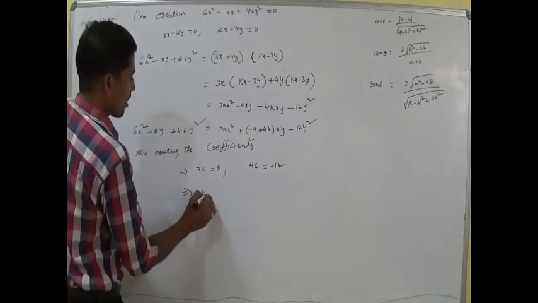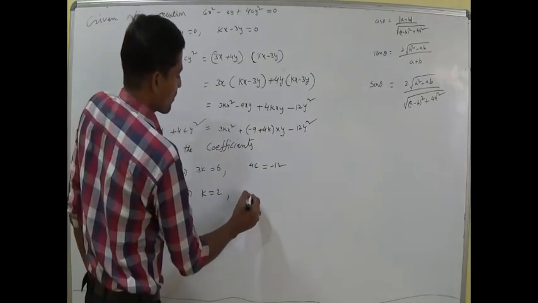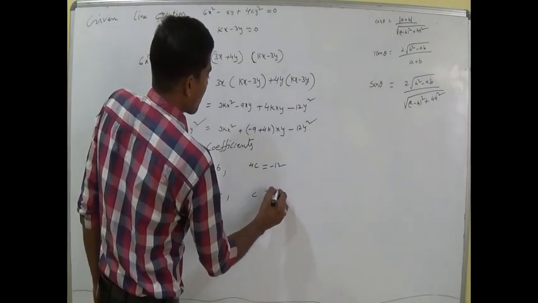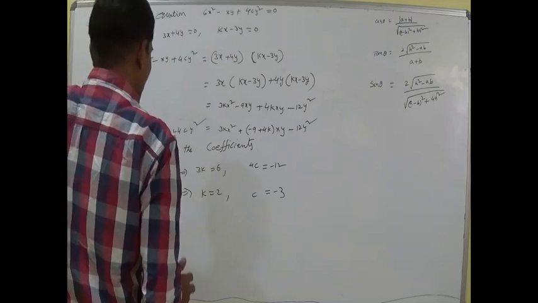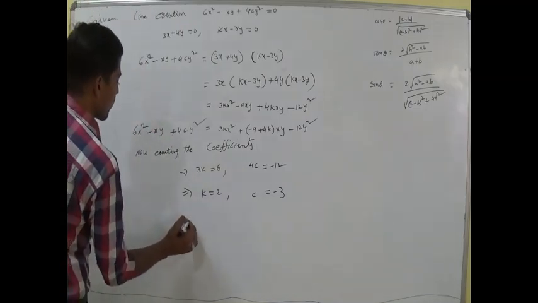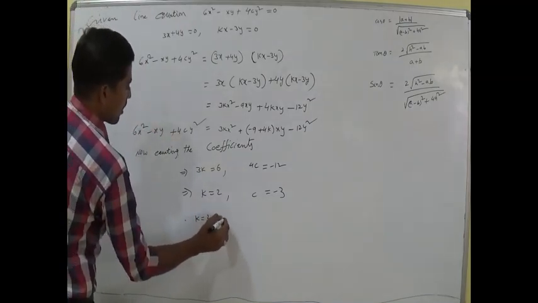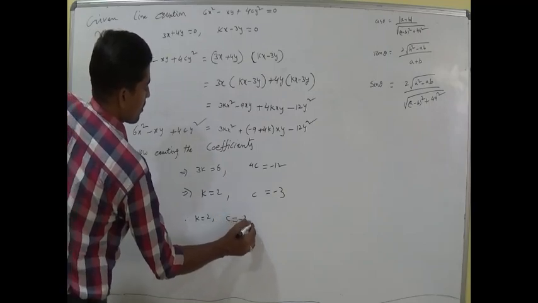That implies k is equal to 2 and c is equal to minus 3. Therefore k is equal to 2, c equal to minus 3.